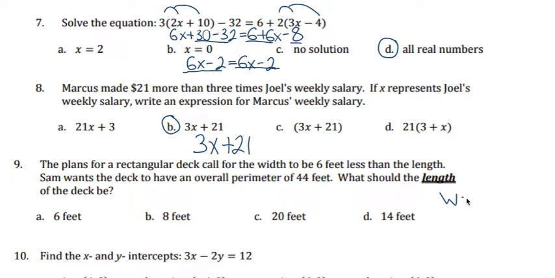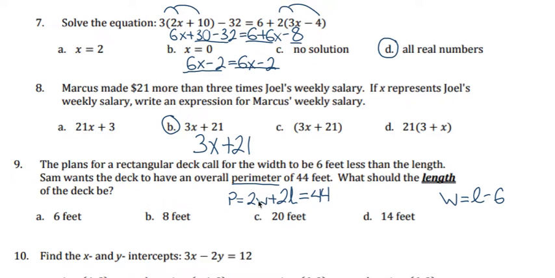So W equals the length minus 6. The perimeter, which we know is 2 times the width plus 2 times the length, is 44. So if instead of W, we plugged in L minus 6, we will be able to figure out what the length of the desk will be.